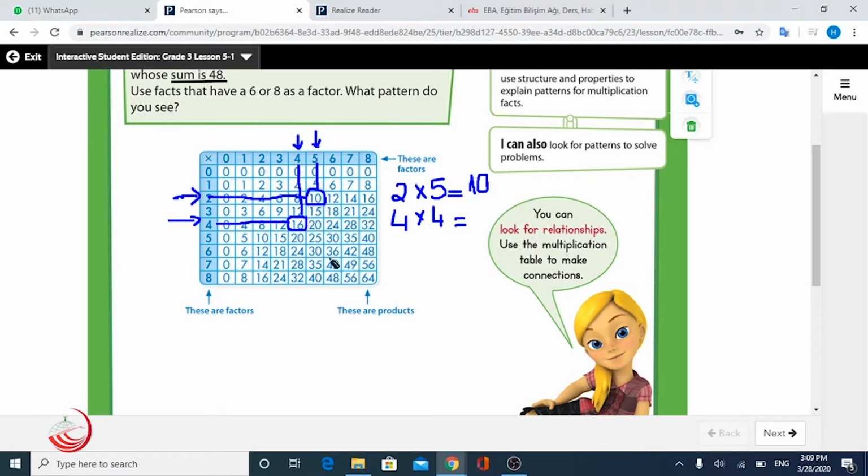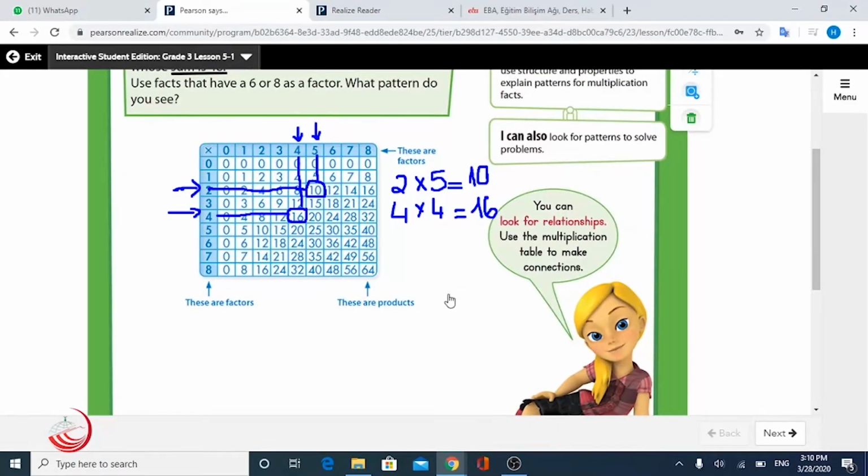Right here, in 16. So 4 times 4 equals 16. This is how we read a multiplication table.